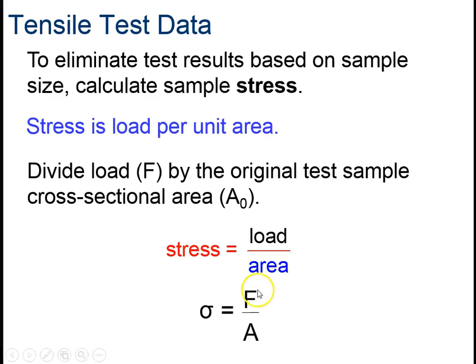So instead of graphing force, we actually take the force and divide by the cross-sectional area. Notice this is the cross-sectional area, to get a new variable called stress. And this is a lowercase sigma. And you should copy this formula down for your formulas. Stress equals force over area.